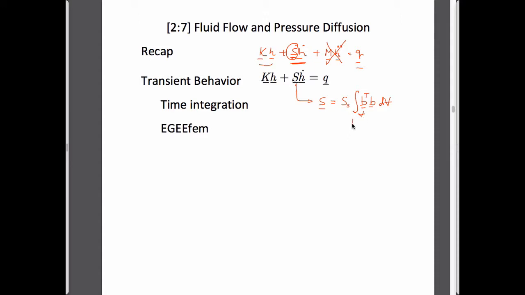If you are able to take this storage term outside, then this integral is just the volume of the element, nothing more.